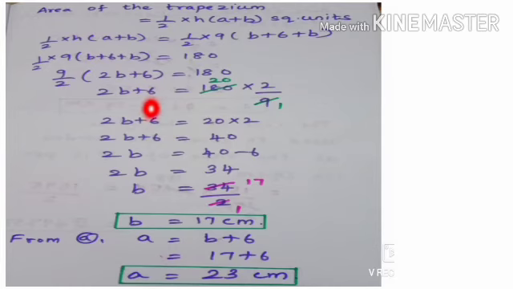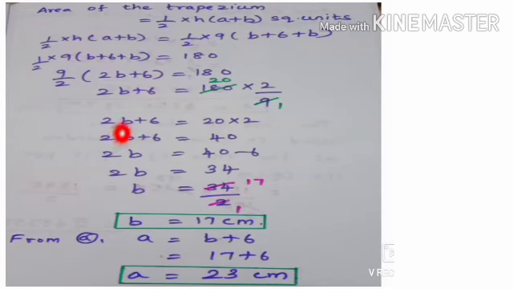Now in the next line, b plus b becomes 2b because 1b plus 1b is 2b. So 2b plus 6, and here 9 by 2, when it goes to the other side, the numerator comes to the denominator and the denominator comes to the numerator as we have known.